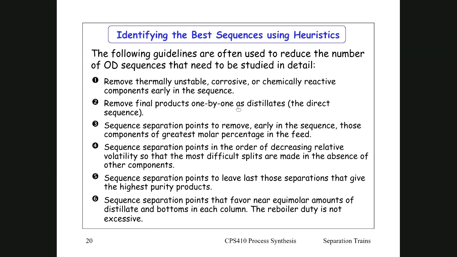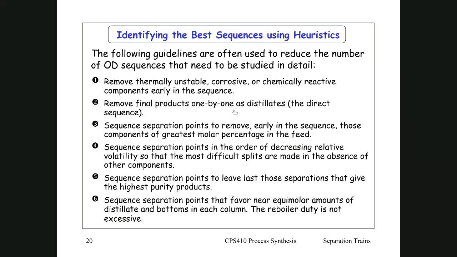Remove final products one by one as distillates, the direct sequence. Now, think back to your test where I actually said you should sequence your columns in the direct sequence. The reason is, if you remove the most volatile component, you use a higher pressure. Think of the ethylene that you have to remove. That was at a high pressure.